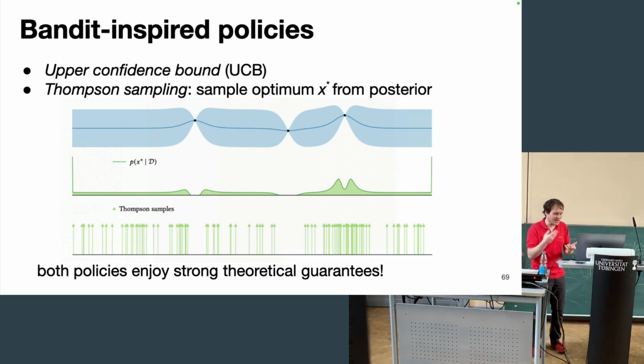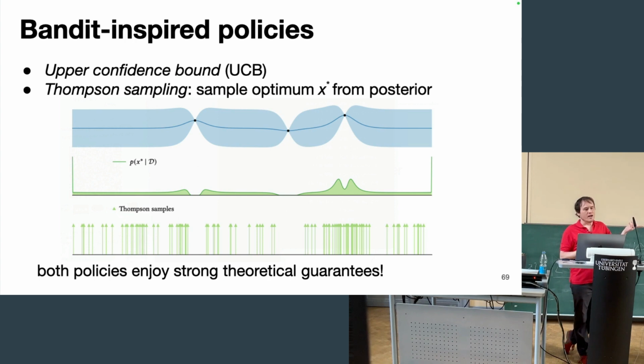But again, I'm going to be allocating more resources to the points that are more likely to be optimal, so it's a reasonable idea. And in the case of optimization, both of these algorithms enjoy very strong, in some cases near optimal, theoretical guarantees.